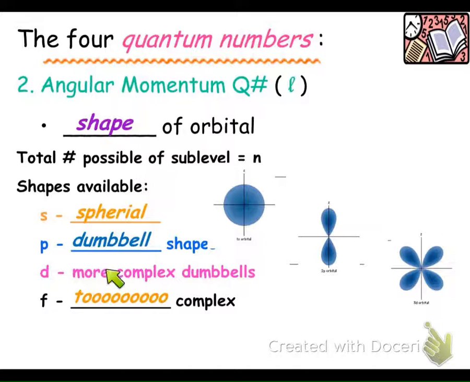But what we can do is predict, especially using these quantum numbers and these shapes of these orbitals, where the electron is most likely to be found around the nucleus.